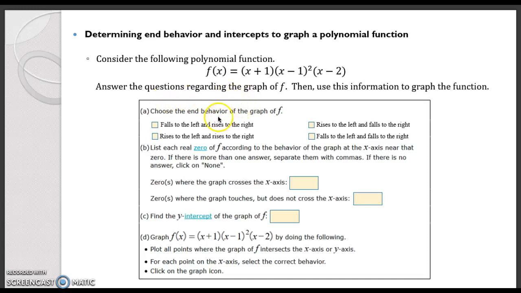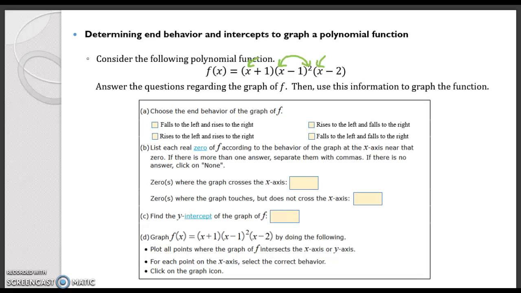Well, we need to choose the end behavior of the graph of f. So we need to know what the highest degree is going to be of this function. So I can look at the highest degree of each of my pieces, and I can multiply them together.